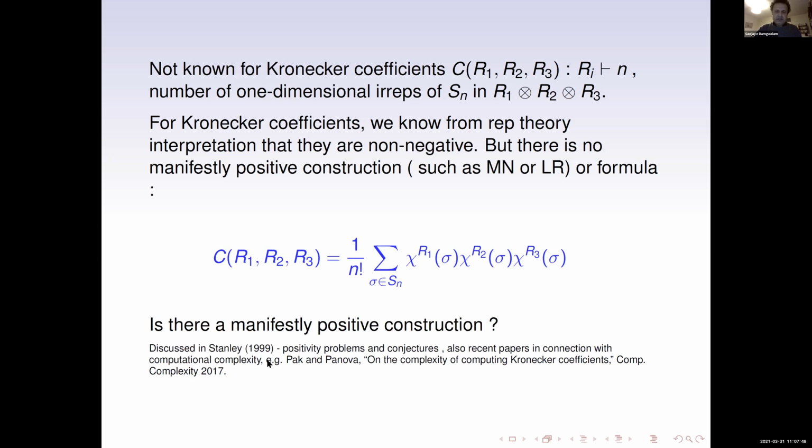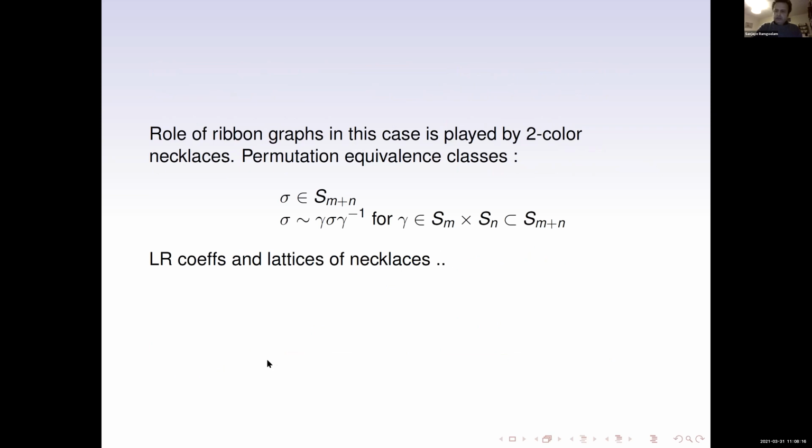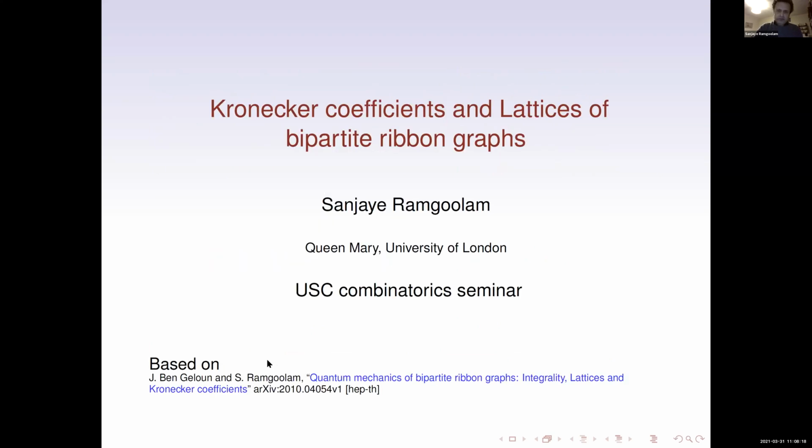So the question for a while has been, is there a positive construction? For example, discussed by Stanley in '99, and by Pak and Panova recently. This is what motivated this paper, although we had been studying Kronecker coefficients for other reasons, but it seemed like we could make some contact with this question.